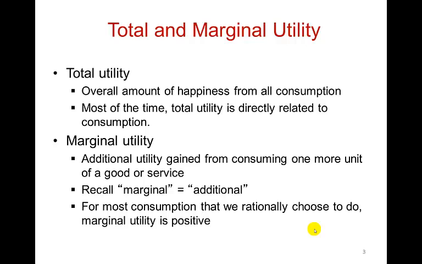So marginal utility is going to be the change in my happiness that I get from consuming 1 more unit of one of the goods that I'm consuming. We're going to assume that marginal utility is always going to be positive. There are some cases where it could be negative, but we don't really need to think about those in this class. So every time I consume another good, that adds at least a little bit onto my happiness.